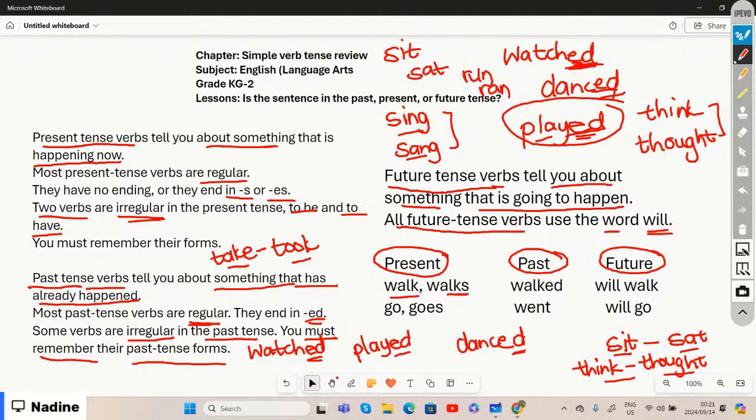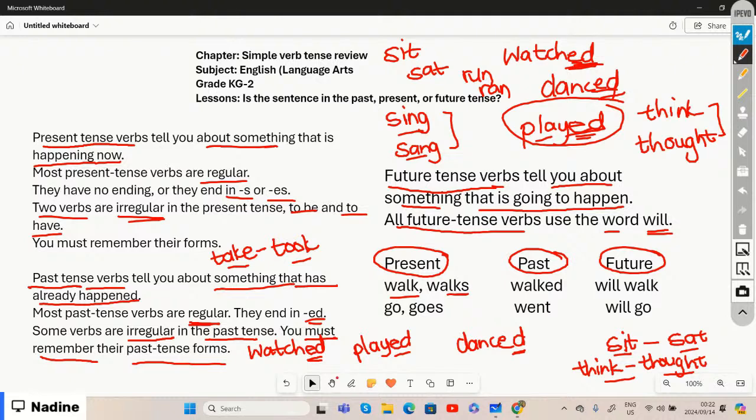So it's almost like saying Elizabeth and Basil walk to school, but only Elizabeth walks to school. That shows the present tense. It shows that they're doing that now, or that she's doing that now. So in the present tense, it's either they walk to school or she walks to school.